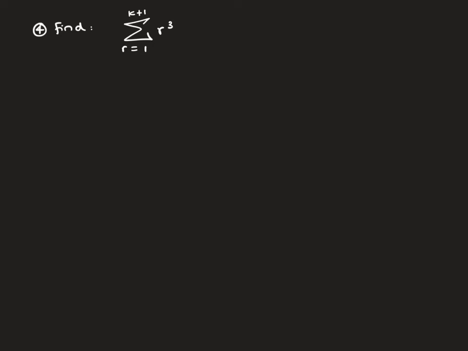So now what do we have to do? Well, we have to find the sum of the first k plus 1 cubed numbers, so this summation here. So we are looking for 1 cubed plus 2 cubed plus 3 cubed plus k cubed plus k plus 1 all cubed. Now, we made an assumption.